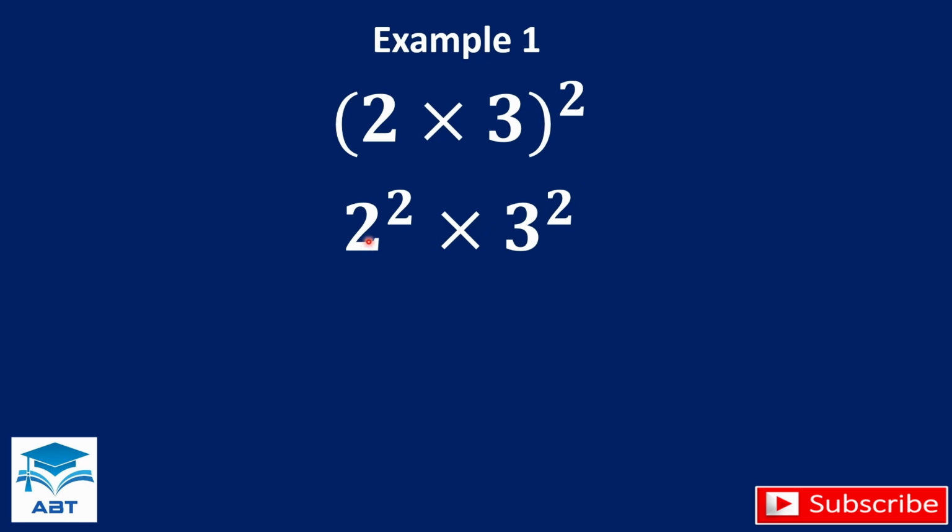And 2 exponent 2 means that 2 is multiplying itself twice. That is 2 times 2, and is 4. 3 exponent 2 means 3 is multiplying itself twice. That is 3 times 3, and is 9. 4 times 9 is 36, and that is the answer.